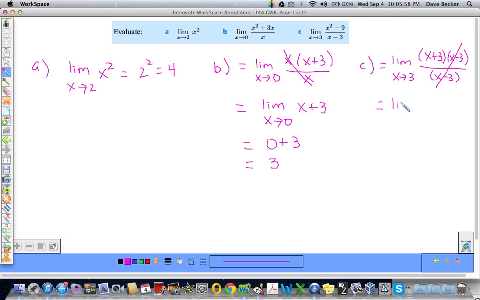So this equals the limit as x approaches 3 of, what are we left with? x plus 3. Now I can use direct substitution because nothing is undefined. So that's 3 plus 3, which is equal to 6. I want you to graph this on your calculator, and we'll do it in class as well, to see what the graph looks like around x equal to 3, or as x gets closer and closer to 3.